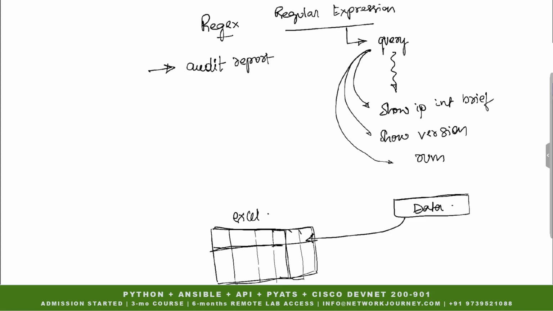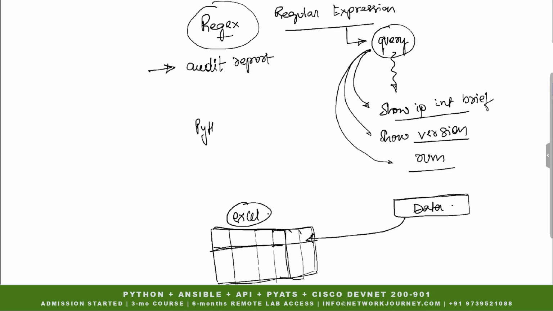But with the help of regular expressions, by writing queries against these commands, we can generate the data, and using some Python libraries like xlrd and xlwt, we can put that data back into Excel.